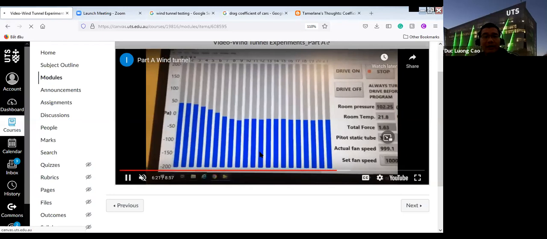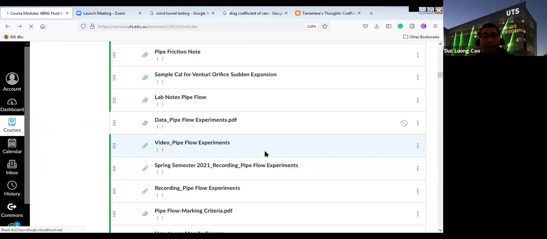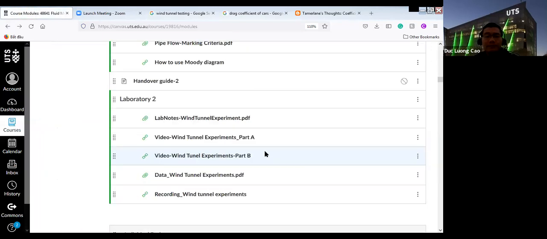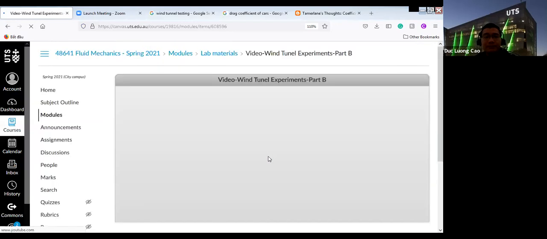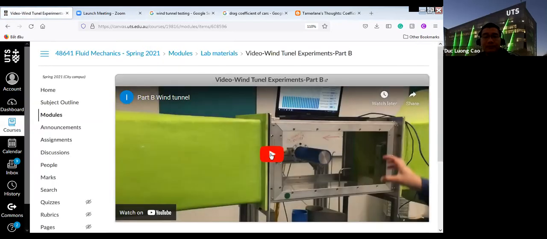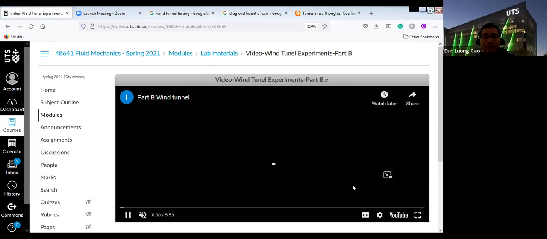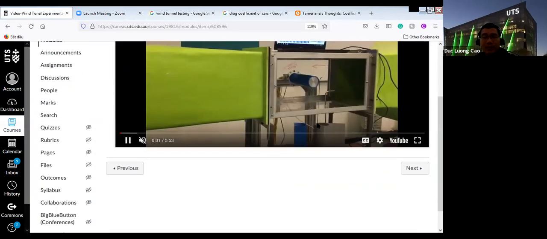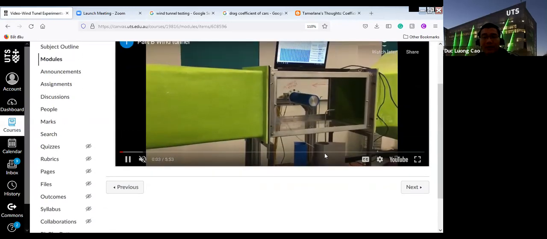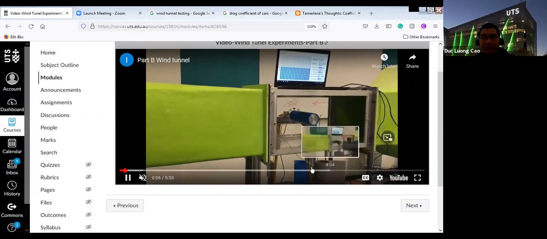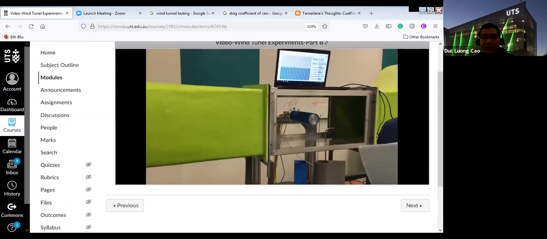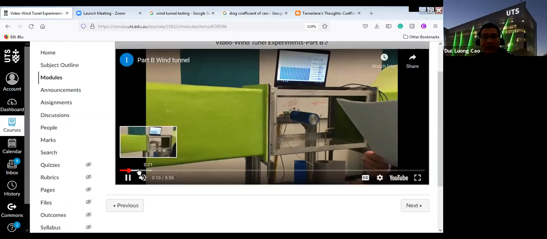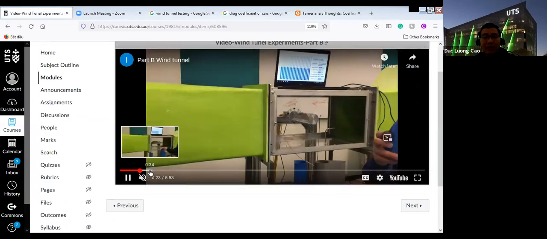This one is part A, and part B. You can see here, this one is for the cylinder, and besides this we have other objects used to cover the cylinder.